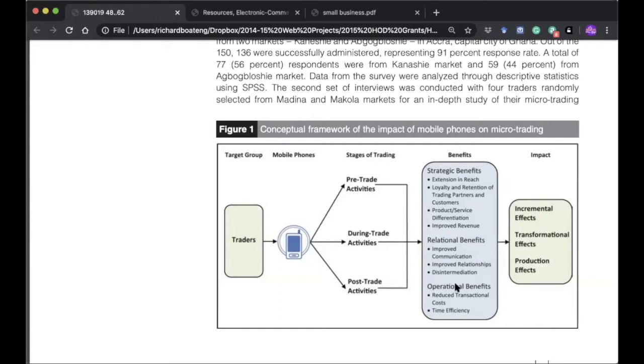Those three types of activities can then lead to certain benefits: strategic, relational, and operational, and then lead to impact: incremental, transformational, and production. So the author postulated these relationships ahead of time through this particular conceptual framework.